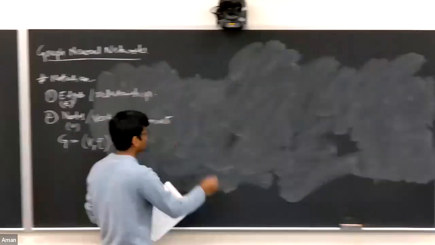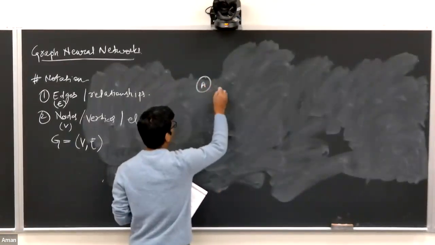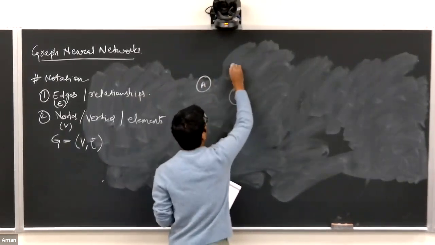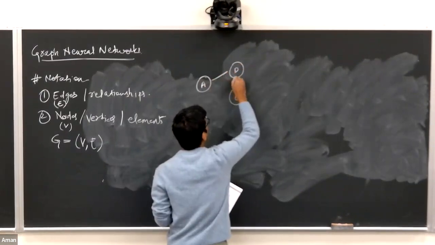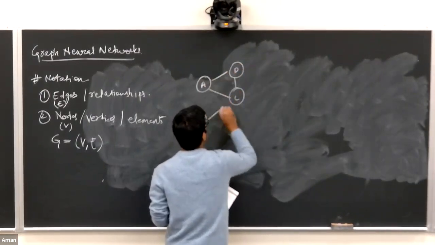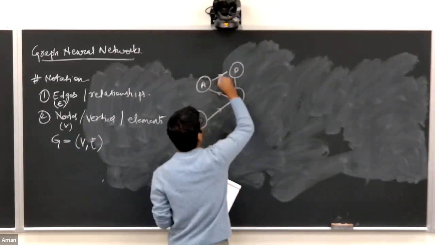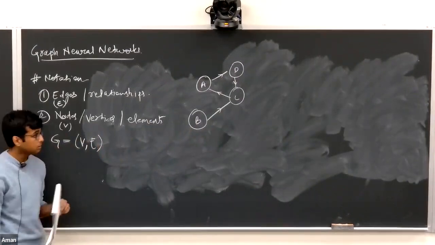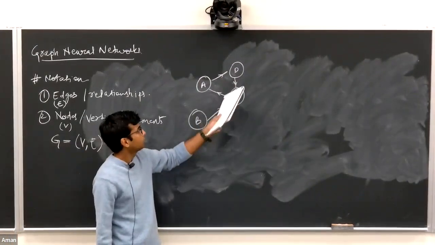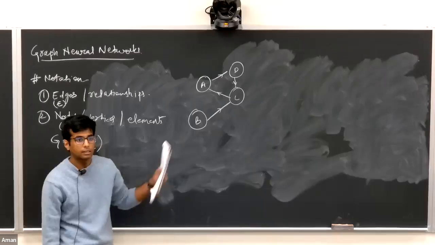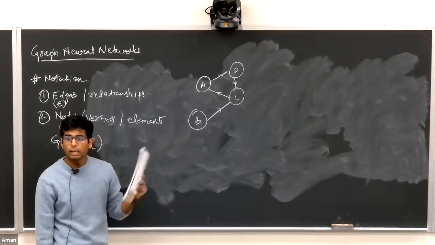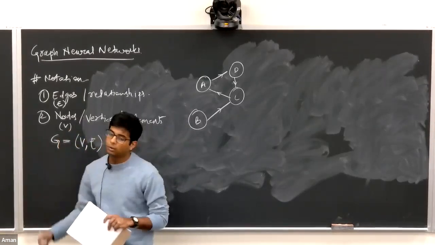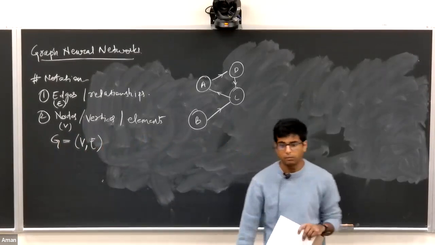Right, so a graph would be something like this, where you have different nodes that are randomly connected to each other. The direction and the strength of these connections, these edges, represent the relationships that these elements have with each other. Any kind of data which can be represented as a graph can be arranged into this form of nodes and vertices.